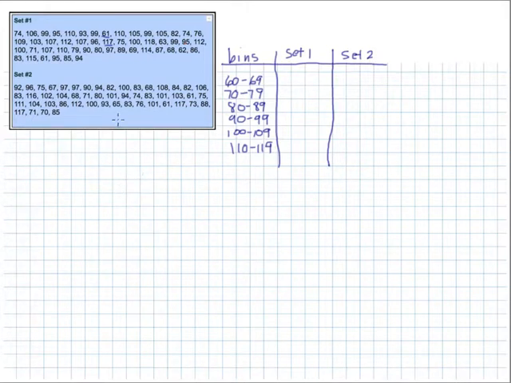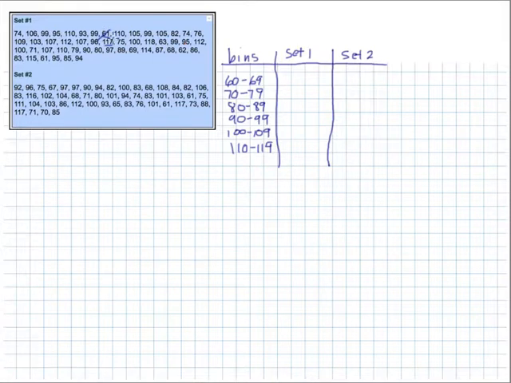Then I'm going to go through the two lists of data and count up how many pieces of data fall into each of those categories. Different people have different ways of doing this, but I like to start with my lowest category of numbers. So I'm looking for numbers in the 60s, and I'm going to count everything that's in the 60s, crossing it off as I go.